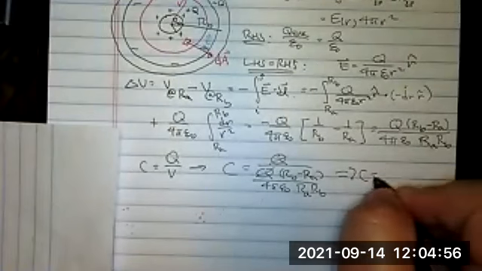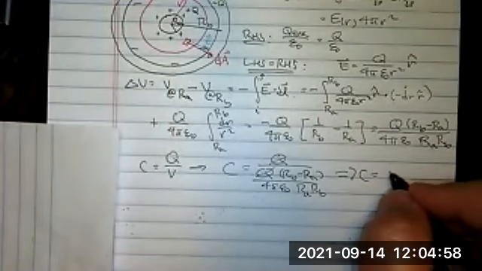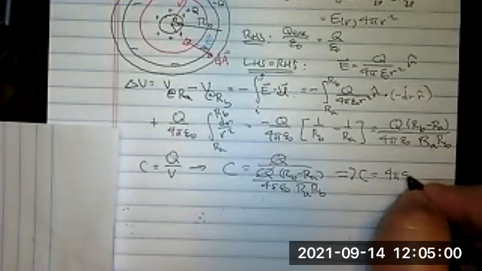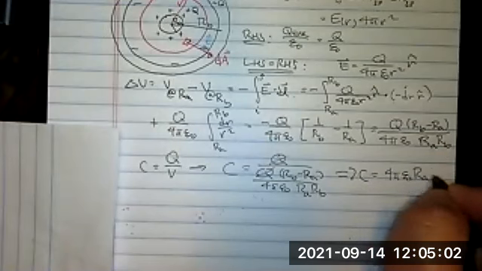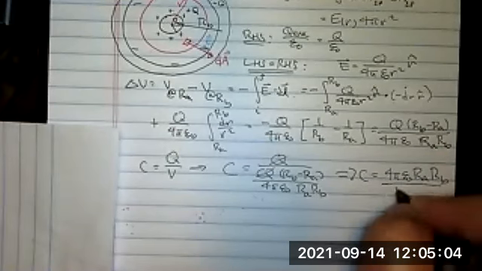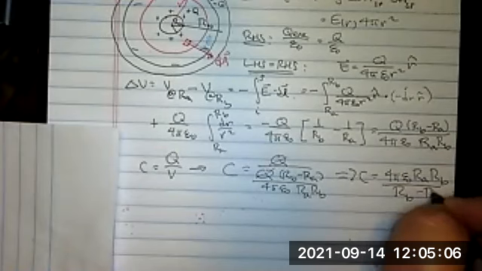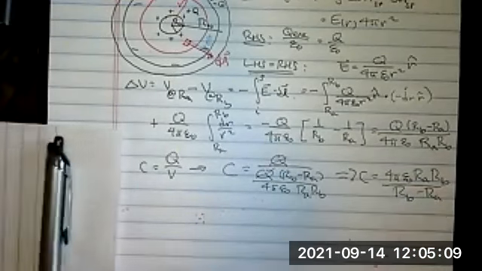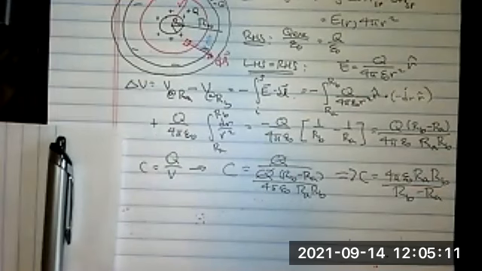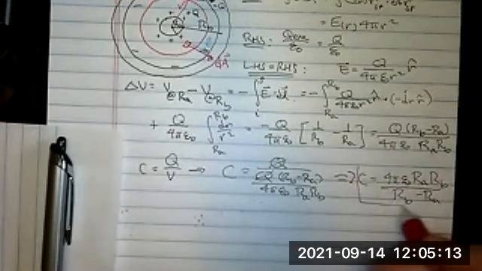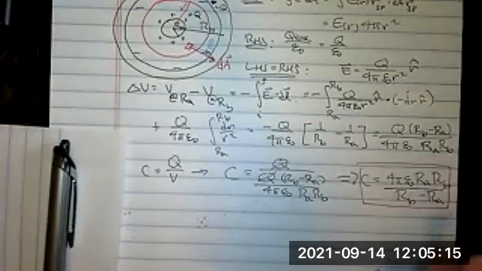So that means C is going to be equal to 4 pi epsilon naught RA RB over RB minus RA, which is in fact the correct answer. And it is in fact positive, as we expected.